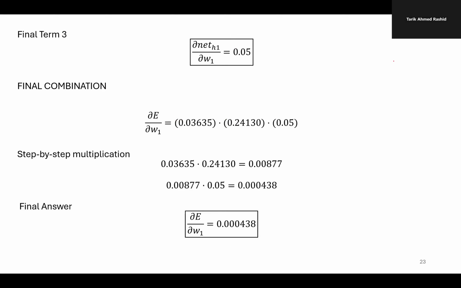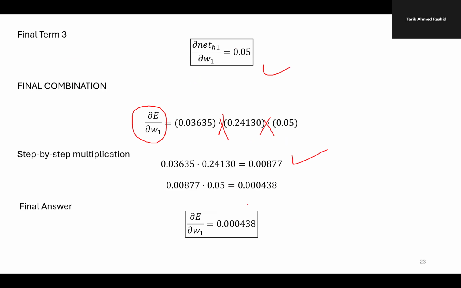Likewise, this is term 3 we finished. So we did term 1, we did term 2, we did term 3, which is this one. So multiply all these terms now. And that is the result of delta E over delta W.